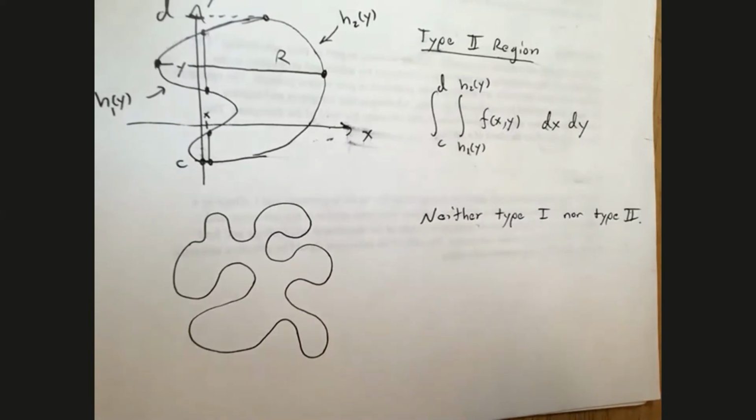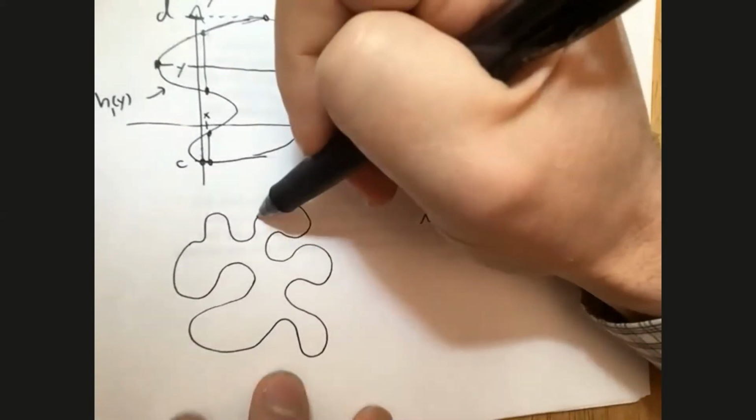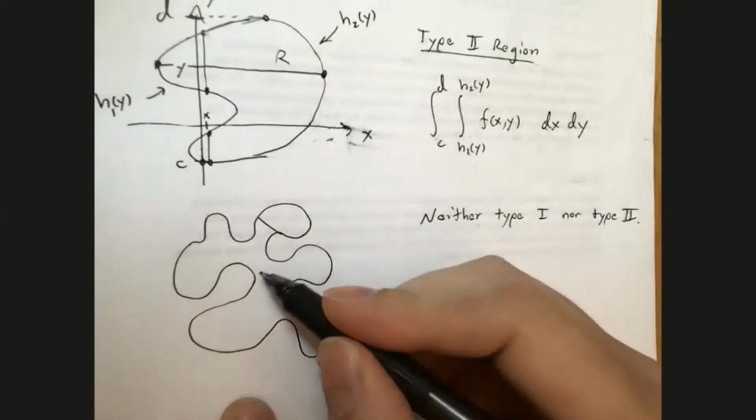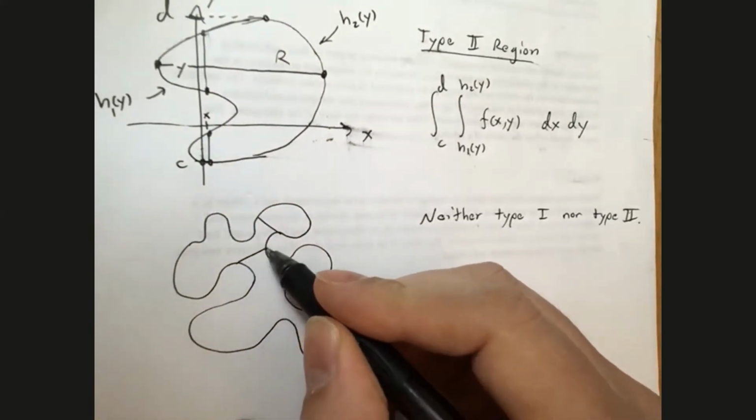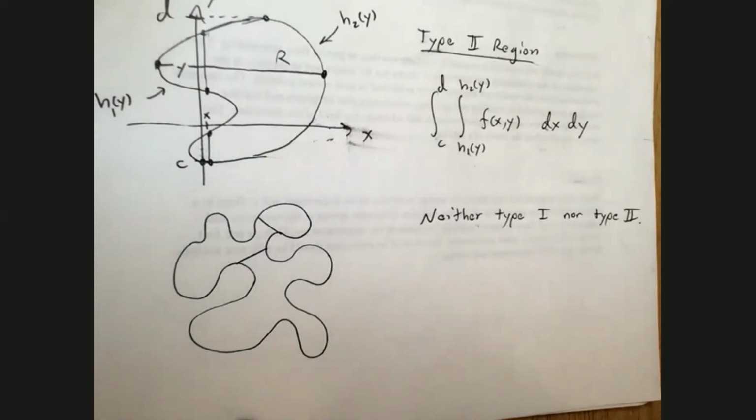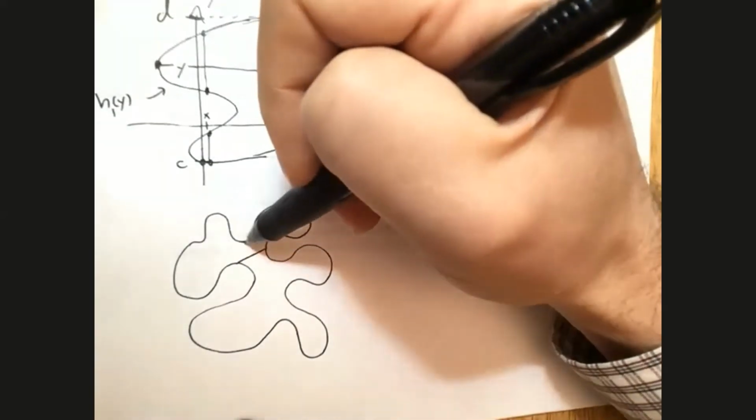This one, though, you can still do it. You could still figure out how to do this because you could chop it up into smaller regions, right? I could maybe cut it right here, and then I have to be really careful about how I do this. I'm not going to chop it all up, but just kind of get you started. I might cut it right there, and I might cut it over here.